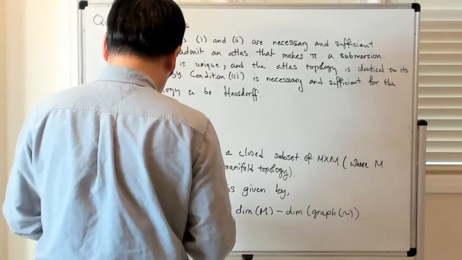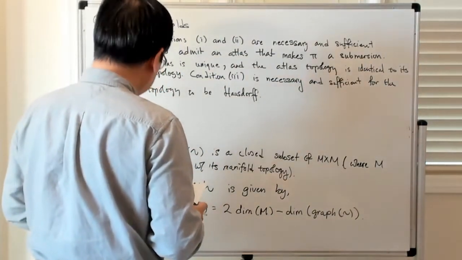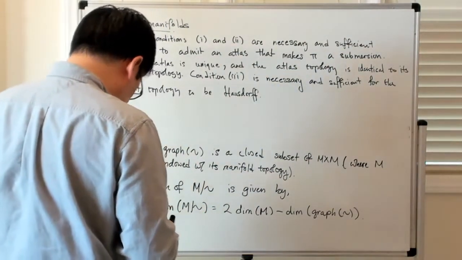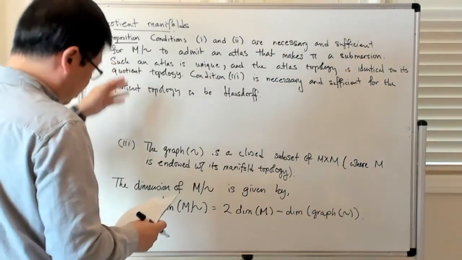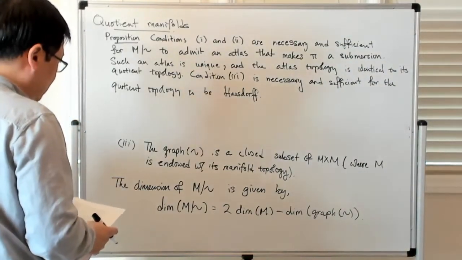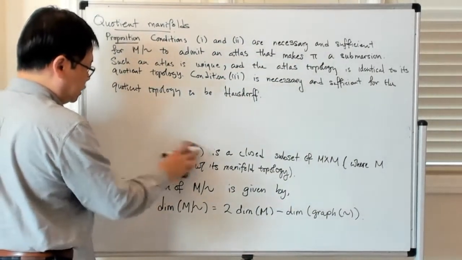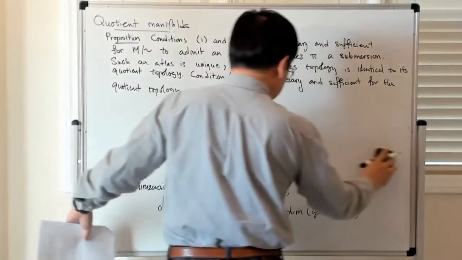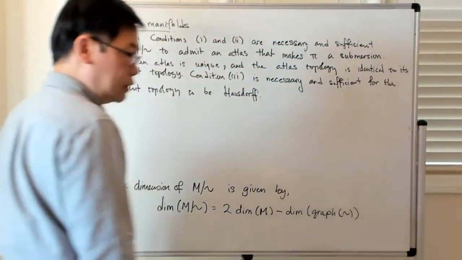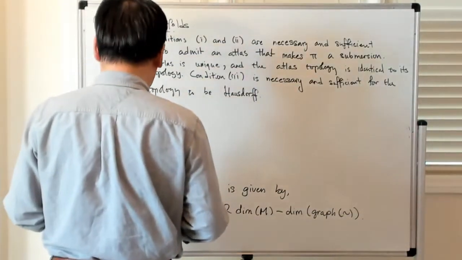All right, and now we are in a position to state yet another proposition, which comes from the fact that the natural projection is by definition a submersion. So you can use the canonical projection to show that the set M quotiented by tilde is an embedded submanifold.